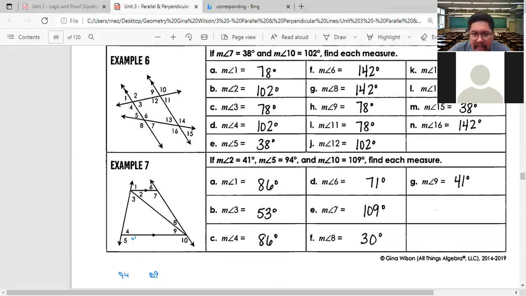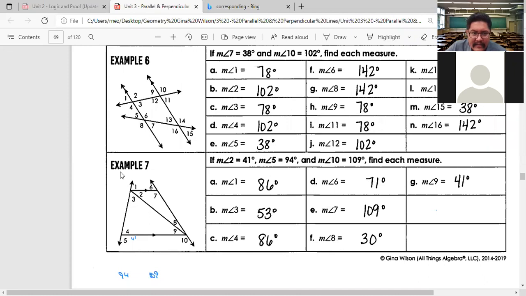All right, and then we have number 7, which is this one here. Now 7 and 6 make a linear pair. So 71 plus 109 is 180. That one was kind of an easy one.